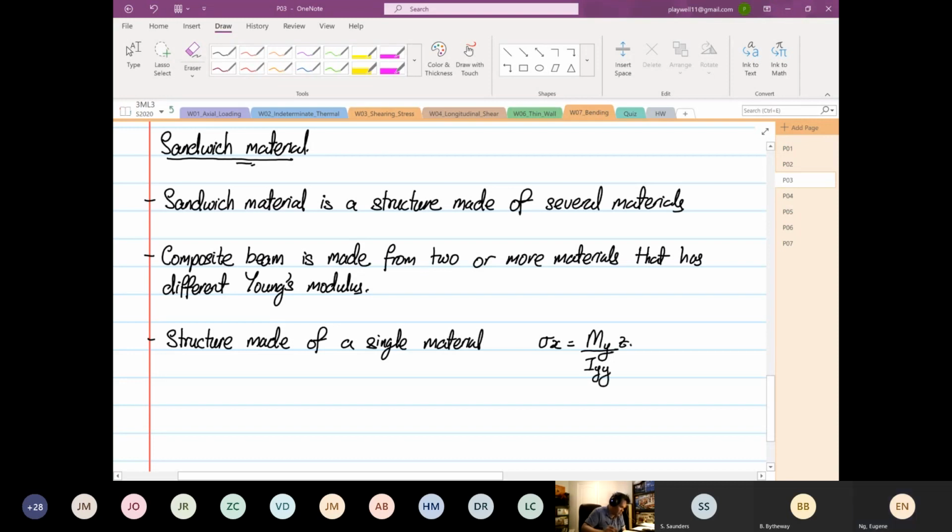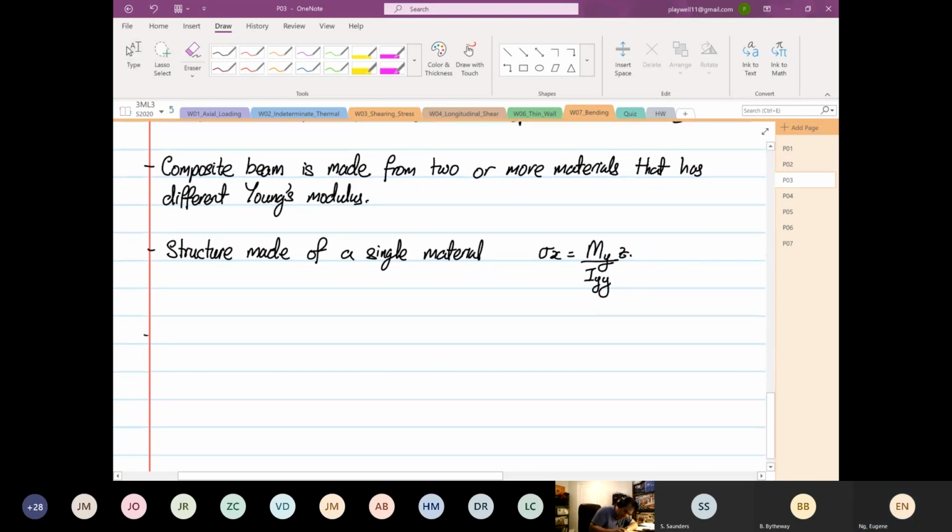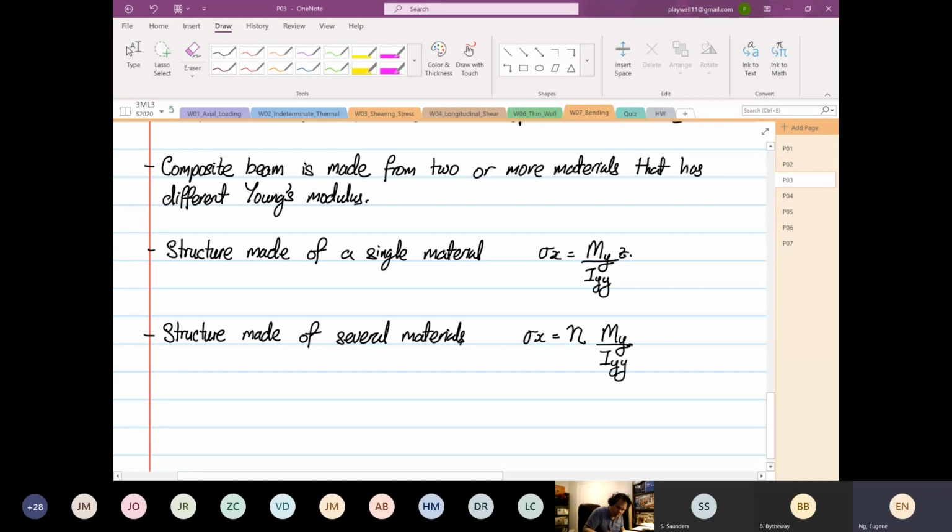Now, if we have a structure made of several materials, right? Made of several materials. So our stress X will be a coefficient, okay, multiplied by My over Iyy multiplied by Z.